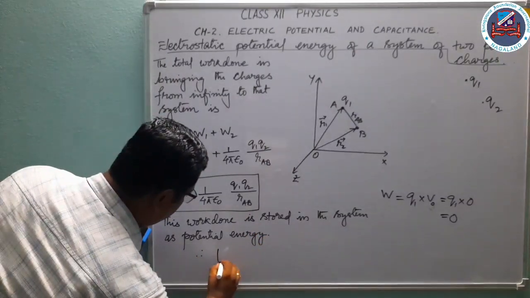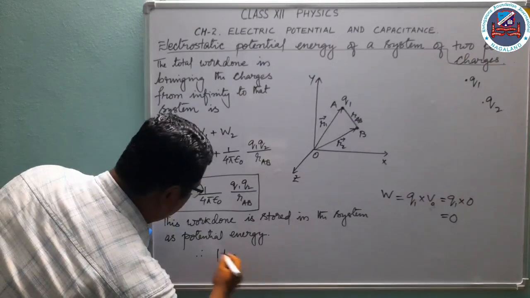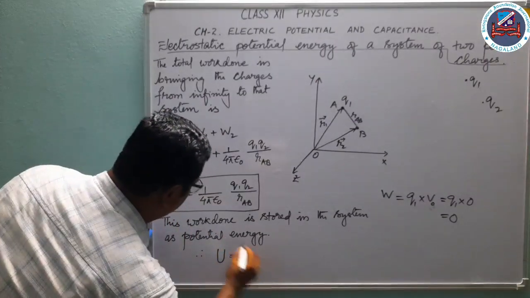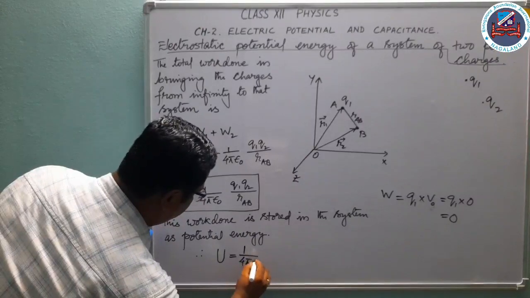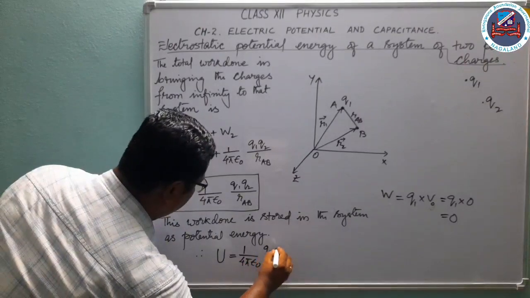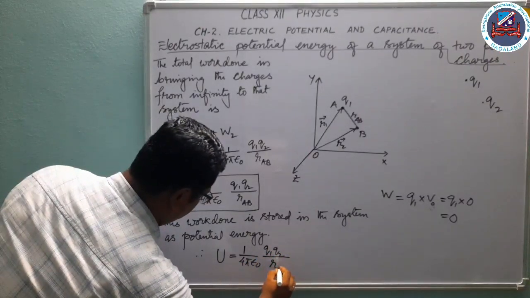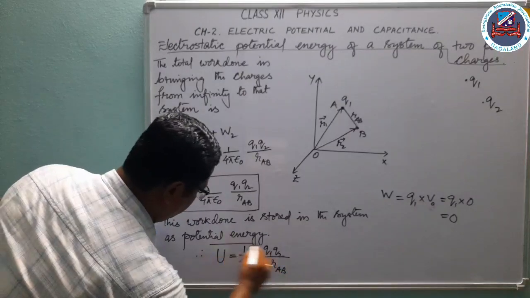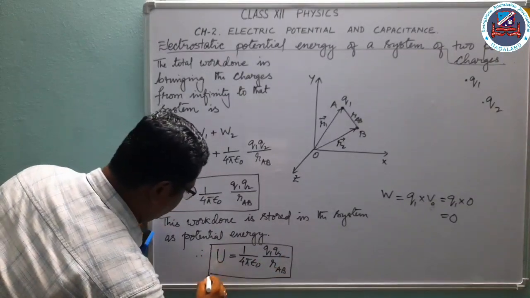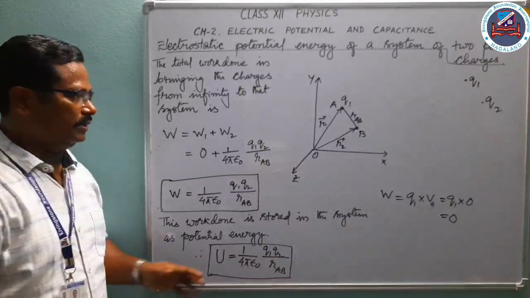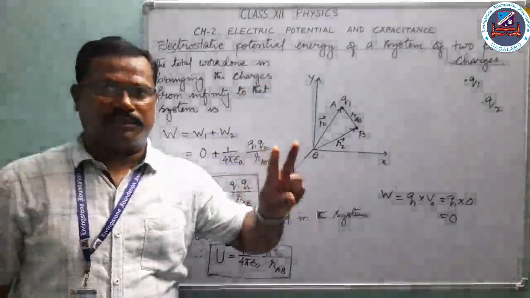Therefore, potential energy we represent with U, that is equal to W, 1 by 4 pi epsilon naught Q1 Q2 divided by distance, that is from A to B. This gives us the expression for work done for a system of two charges.